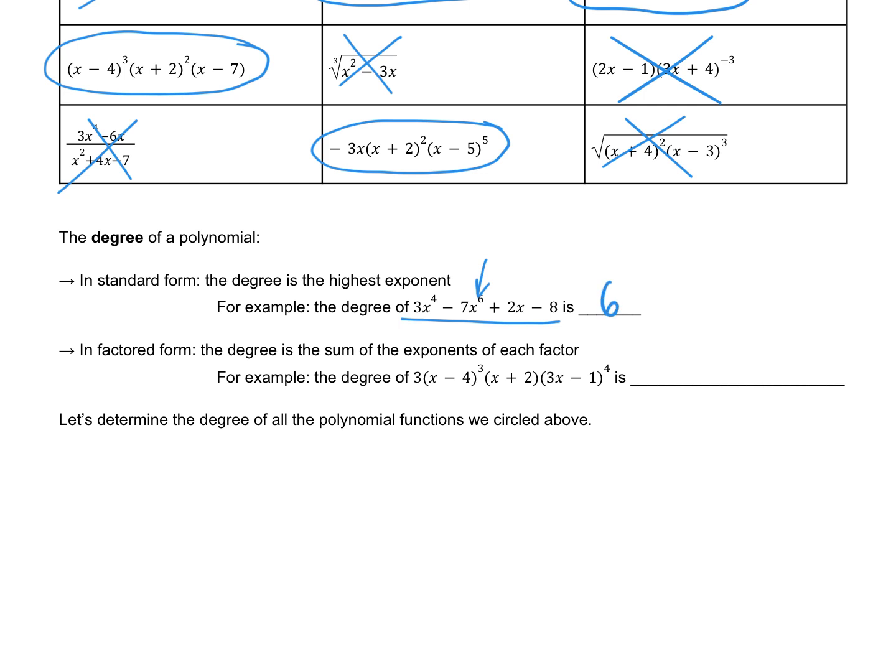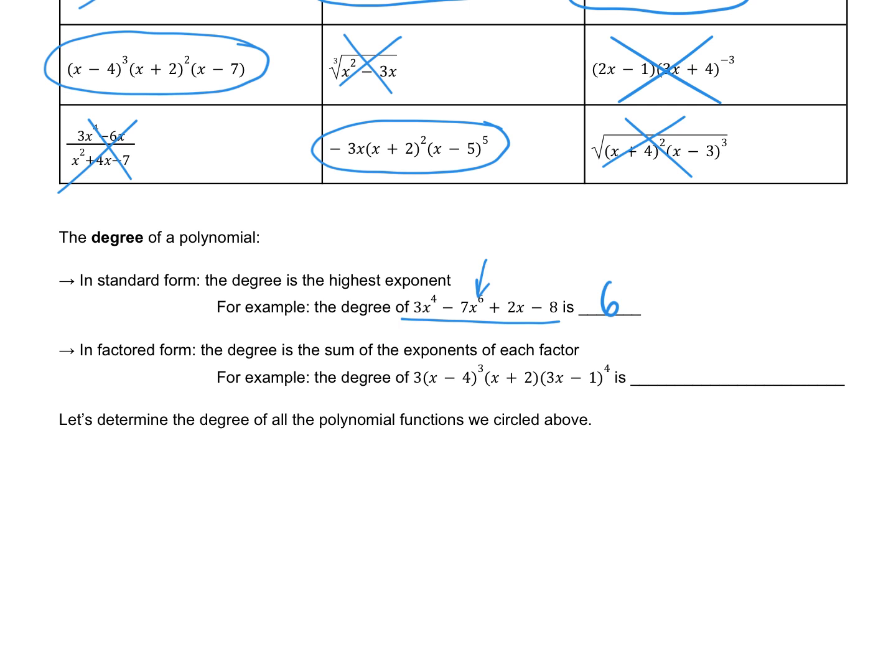In factored form, you'd have to think long term. If I were to expand and simplify this, what would that highest exponent be? And the shortcut is just add the sum of the exponents on each factor, assuming that each factor is linear. If it's not, you might want to think a little bit about the power law for exponents.